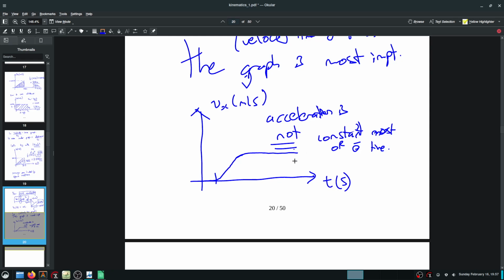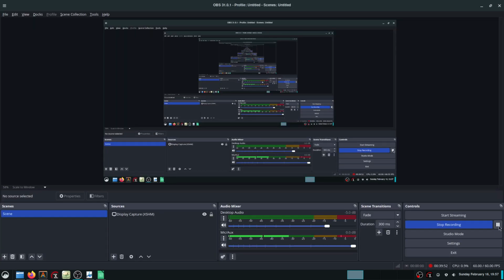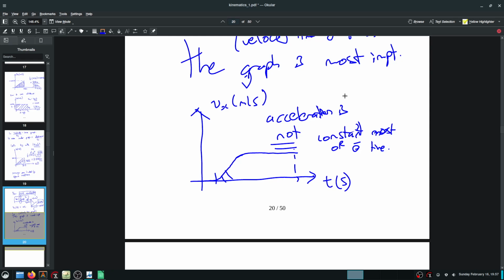Okay, so if you want to calculate your runway distance, same principle: area under the graph. That's how you calculate your distance traveled, the displacement in the x direction. Again, note the direction here. S in the x direction will be calculated from the velocity in the x direction graph.